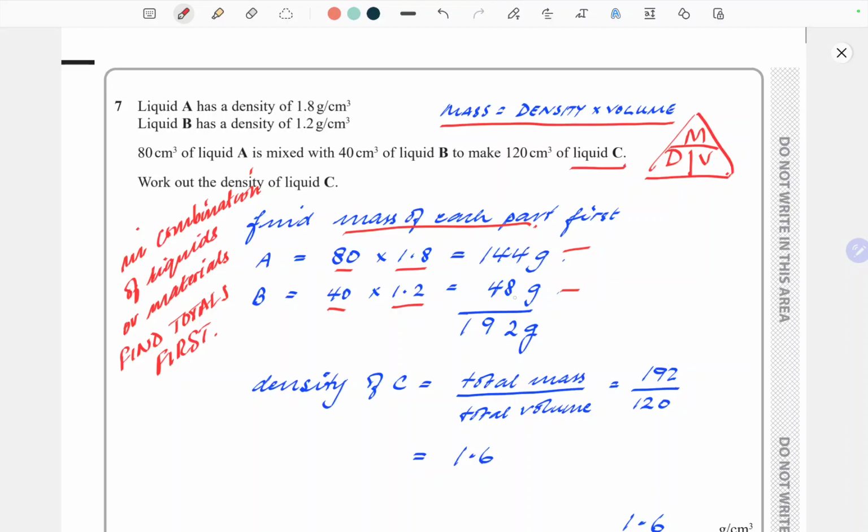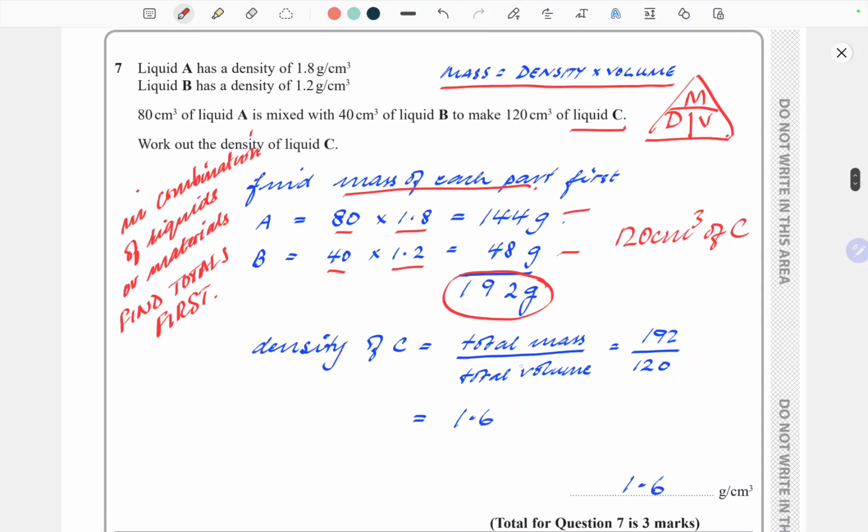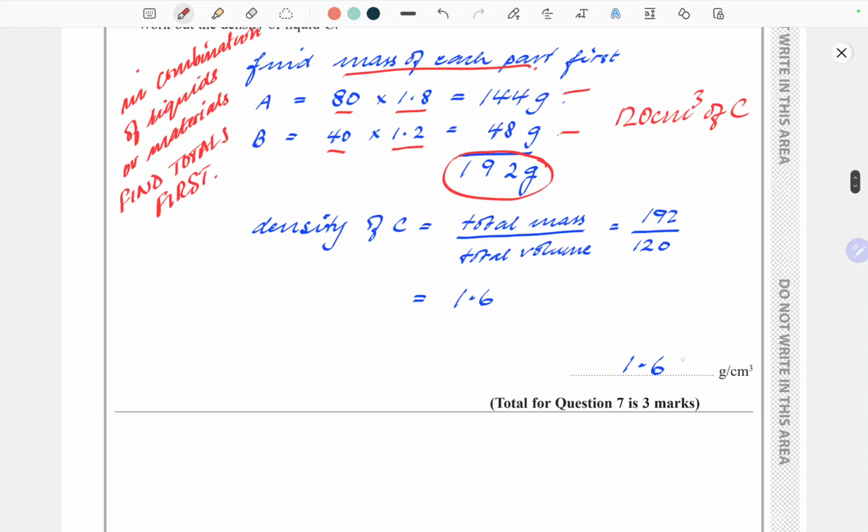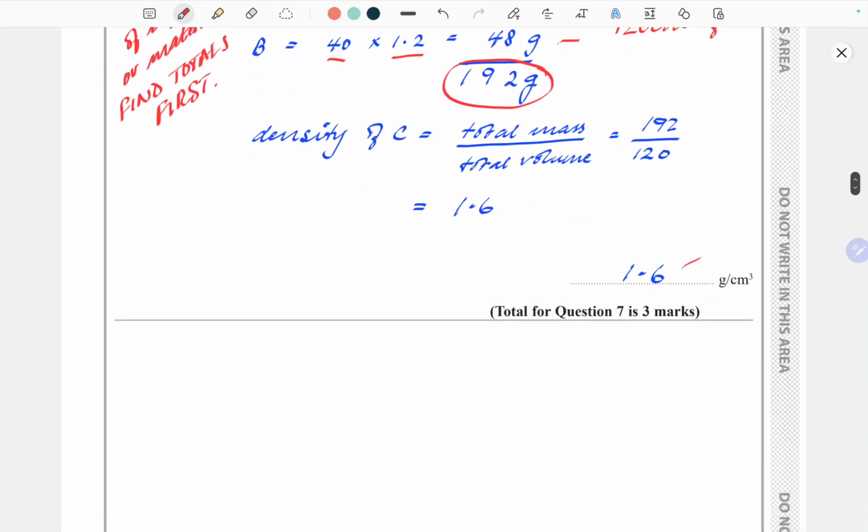And together, therefore, the 120 cubic centimeters of liquid C has a total mass of 192 grams, all right? So the density of C is the total mass over the total volume. And so 192 over 120 comes out to be exactly 1.6. All right.